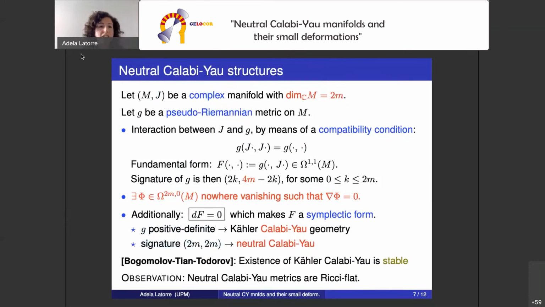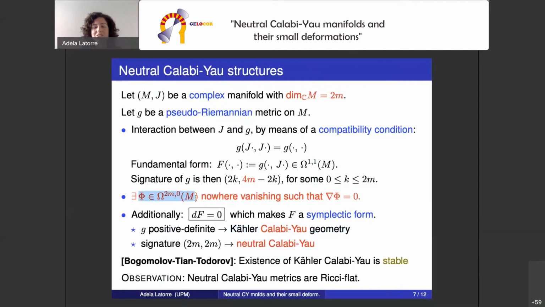So what happens with the stability of these structures? Concerning Kähler Calabi-Yau, it was shown by Bogomolov and Todorov that this property is stable. That is, if I start from a Calabi-Yau manifold and I deform the underlying complex structure, then I will be able to find another Riemannian metric which is compatible with my new complex structure and which will give rise to a symplectic form, and with all the other conditions.